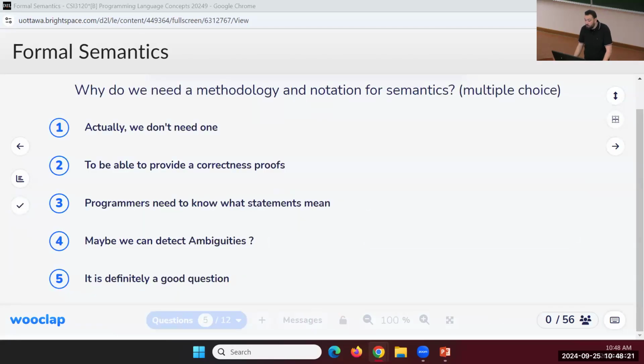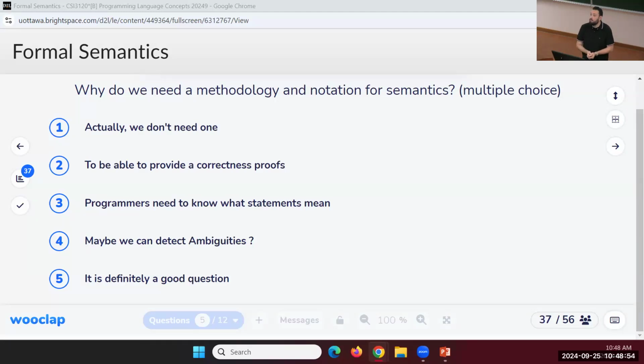Why do we need a methodology and notation for semantics? It's a multiple choice. Why do we need a methodology, guys? Or maybe we don't need one. I don't know. What do you guys think? These are good and important because, of course, in the midterm, it's not going to be just all solving problems.